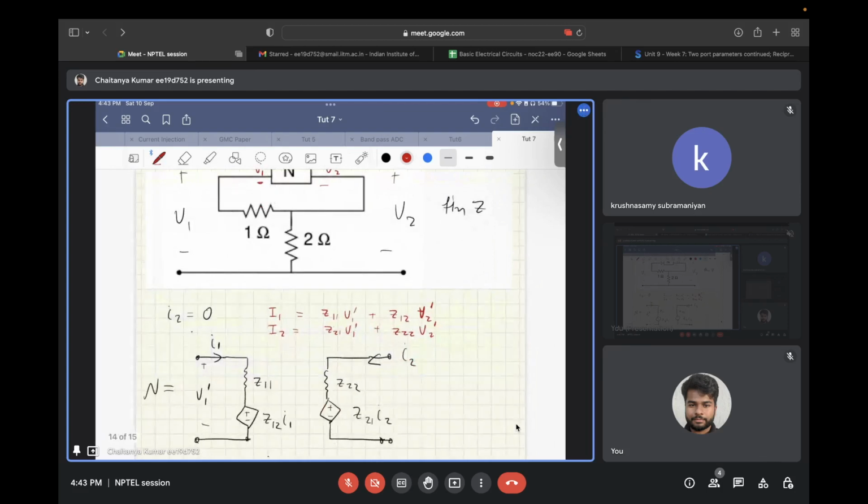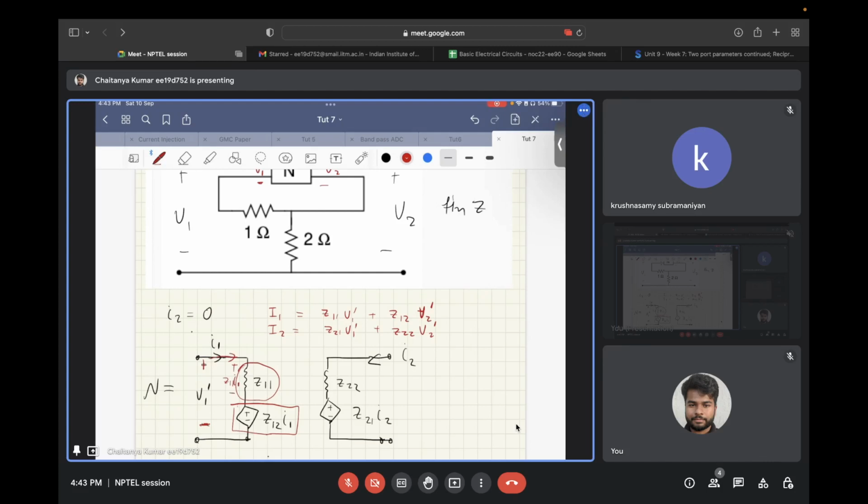So the voltage that is developed, V1 dash, is basically the voltage across this Z11, and in series with that, a current controlled voltage source of Z12. So if I1 flows in this direction, there will be a voltage of Z11 times I1.